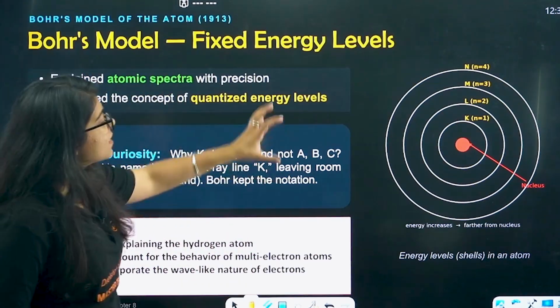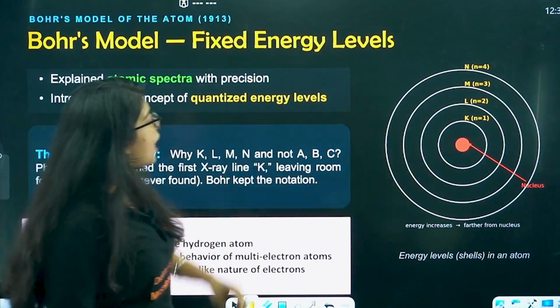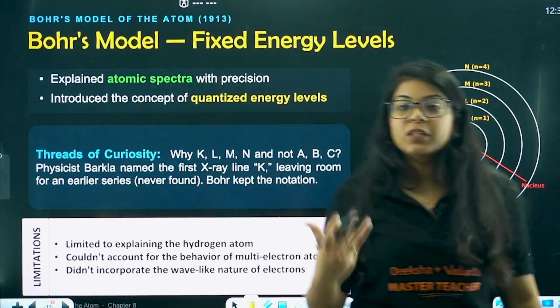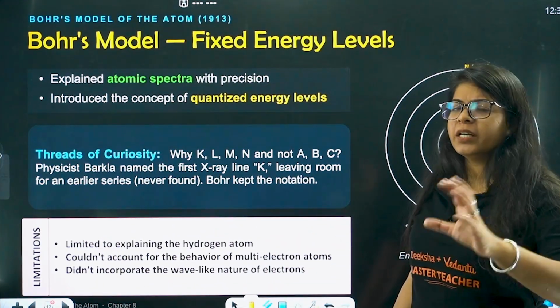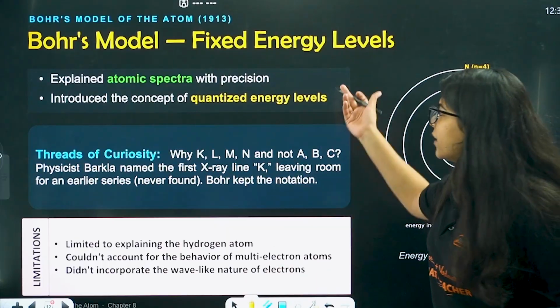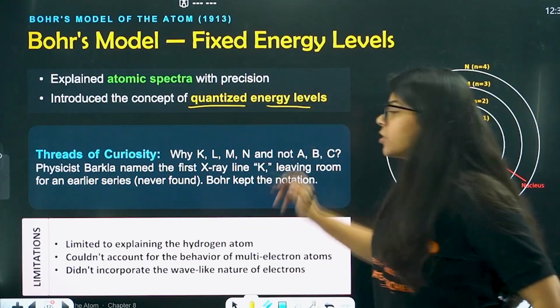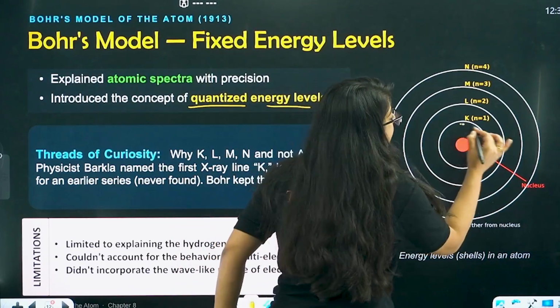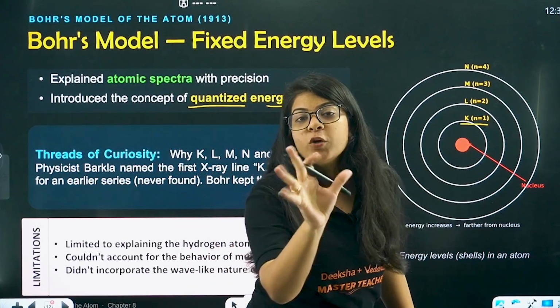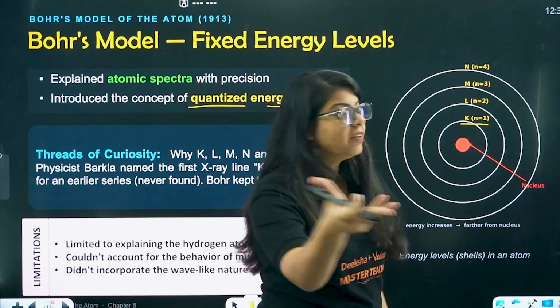Now this explained our atomic structure with precision, and there is something called atomic spectra, which you will study in later classes. It also introduced the concept of quantized energy levels. Quantized energy level means that the n for K can be equal to 1, but it cannot be 1.5, 1.25, or 1.35.